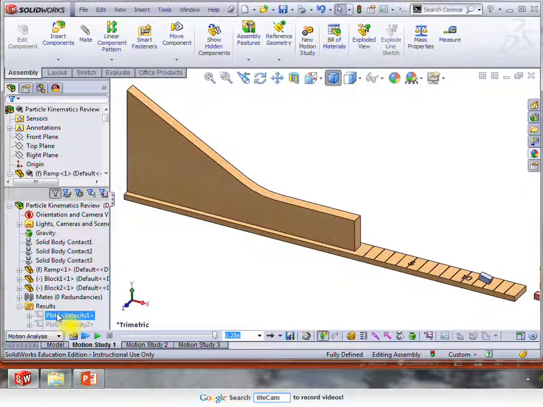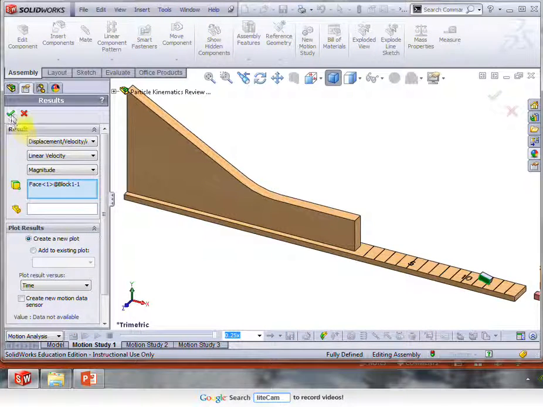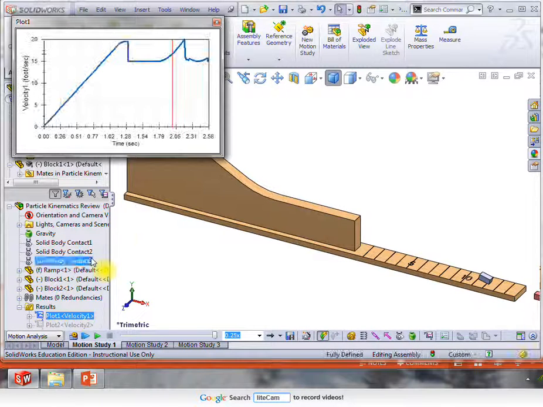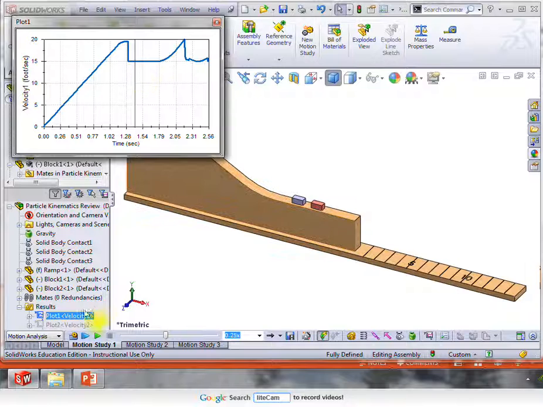Let's take a look at the velocity of block A first. And so we can see that these match up pretty well with our calculated results. We're slightly under 20 feet per second right before the collision, and about 15 feet per second after the collision.